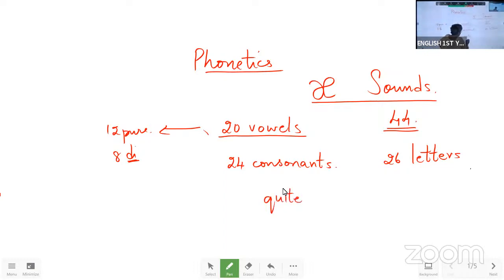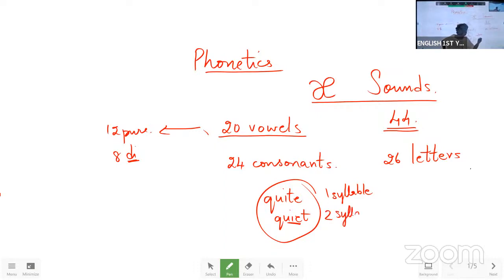Quite impossible. Or be quiet. The Indian version of pronunciation of quiet is one syllable. But as per phonetics, if you notice, it's a diphthong here. It is not one syllable, but two syllables. Quite, this is quiet. So there are differences in the pronunciation.